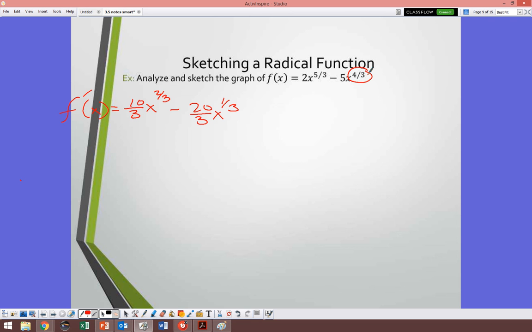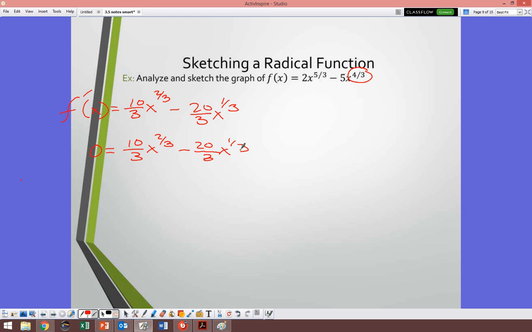Okay, so let's go ahead and set this equal to 0. 10 thirds x to the 2/3 minus 20 thirds x to the 1/3. So what could I do here? Can you factor that, please?